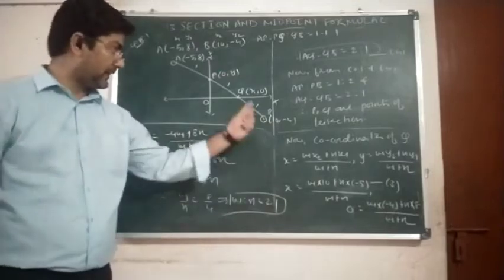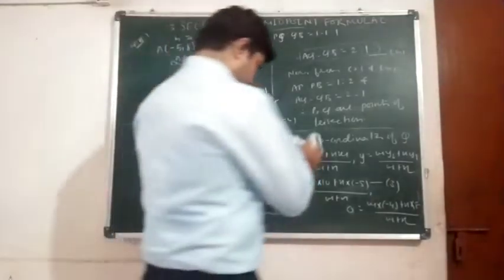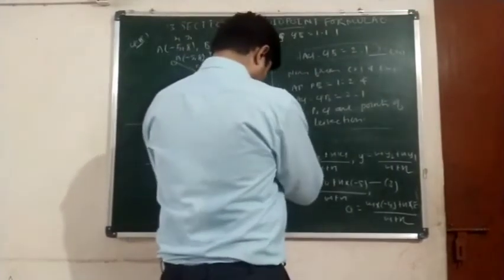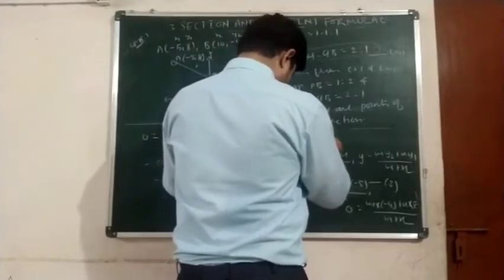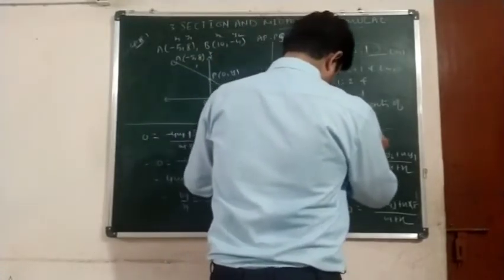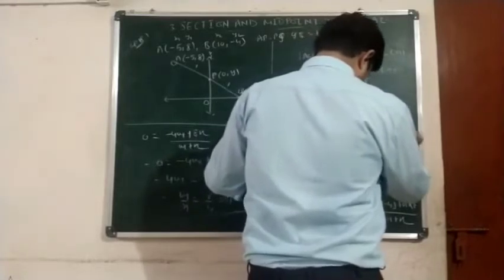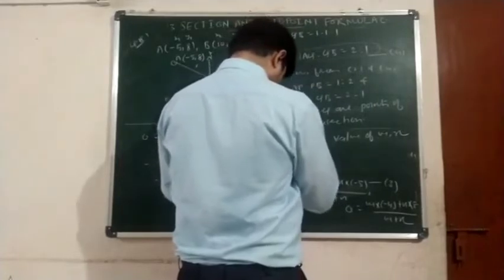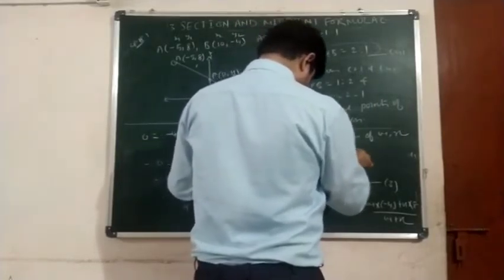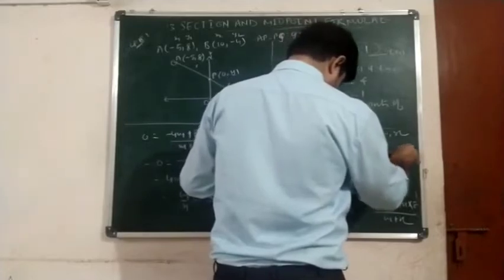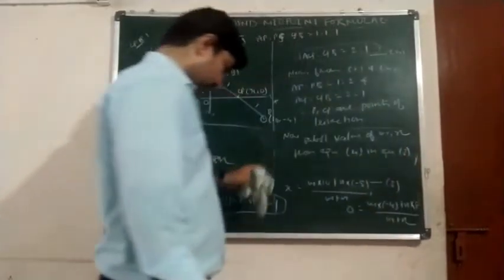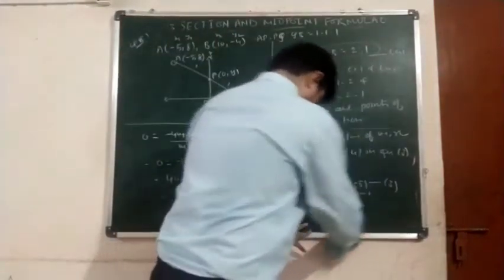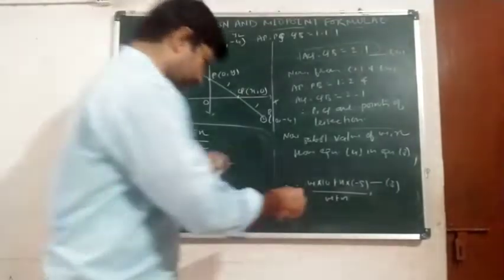Now we will put the value of m and n from equation 4 in equation 3 to get the value of x coordinate of point Q. So let us substitute. Now substituting value of m and n from equation 4 in equation 3. Okay, so we have this equation 3, and now let us put the values.